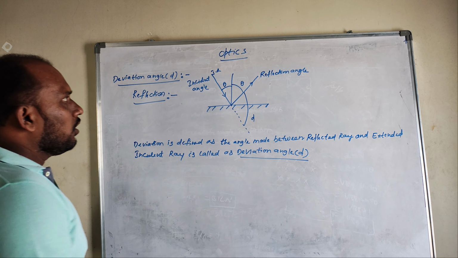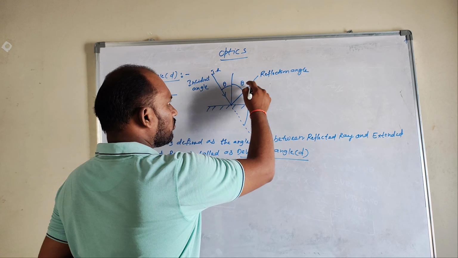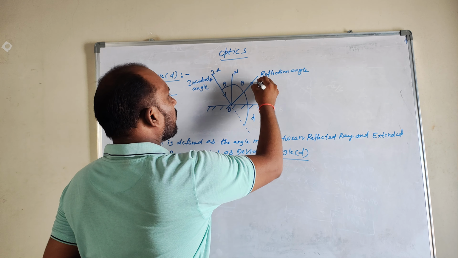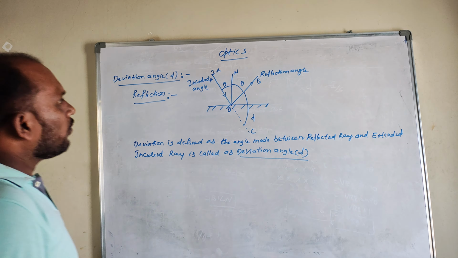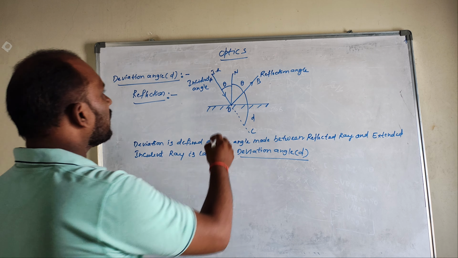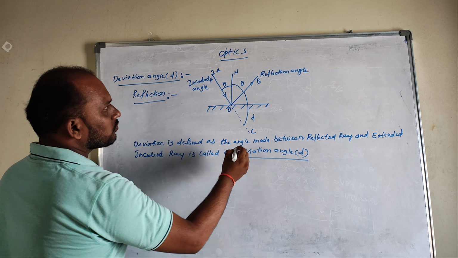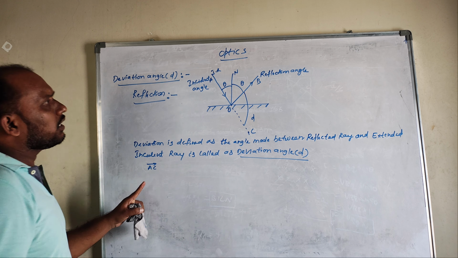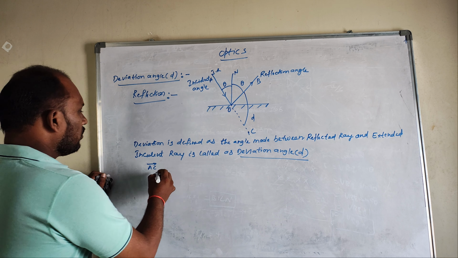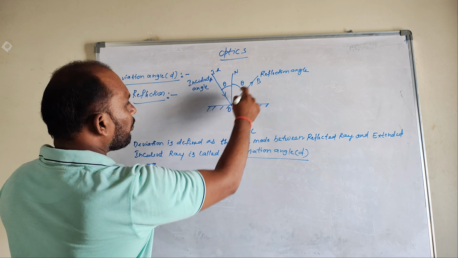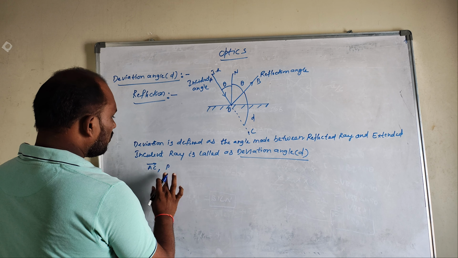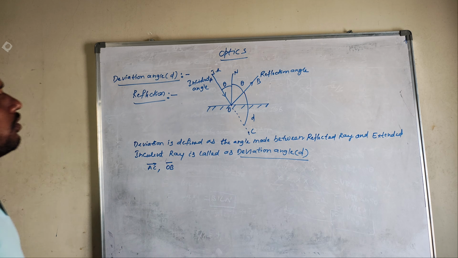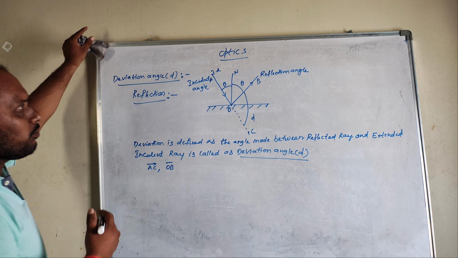Let's look guys here. This is the reflected ray. Let's say A, O, N, B, C. So what is the extended ray here guys? Let us say AC is an extended ray. So AC is an extended ray and it makes an angle with OB.